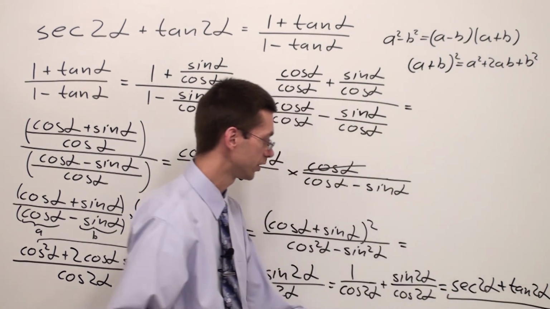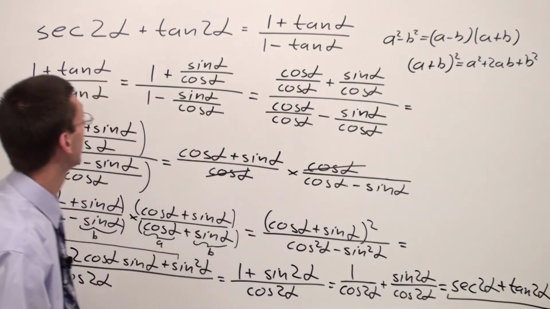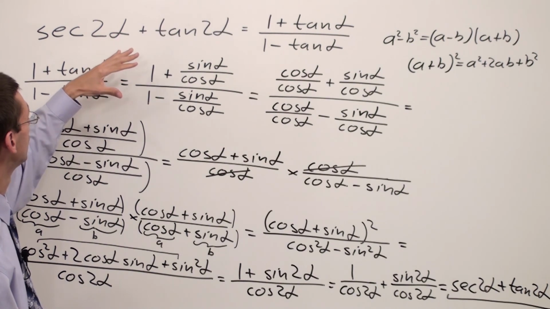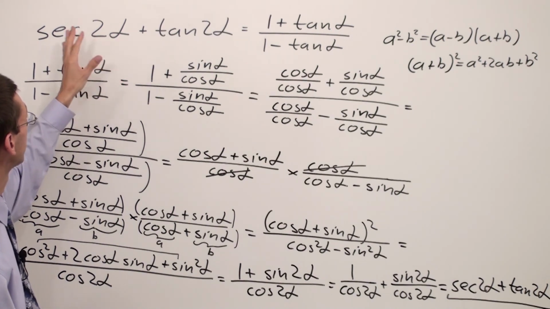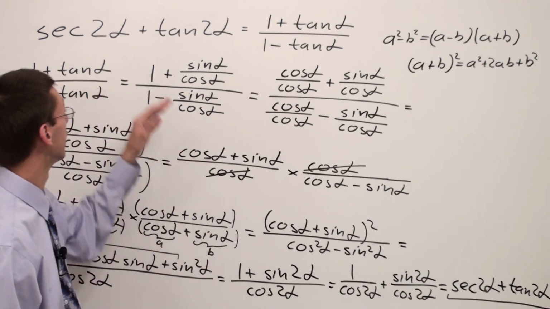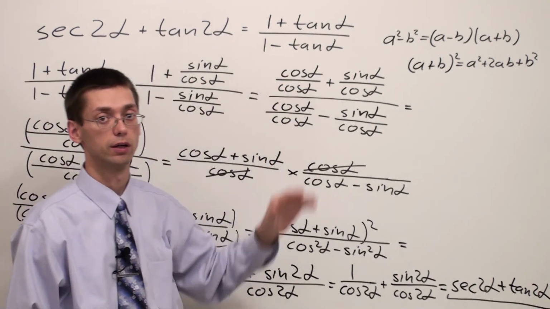Now, please look at this expression and look at our left side of the identity. Now, they are identical. So it means that the left side is equal to the right side.